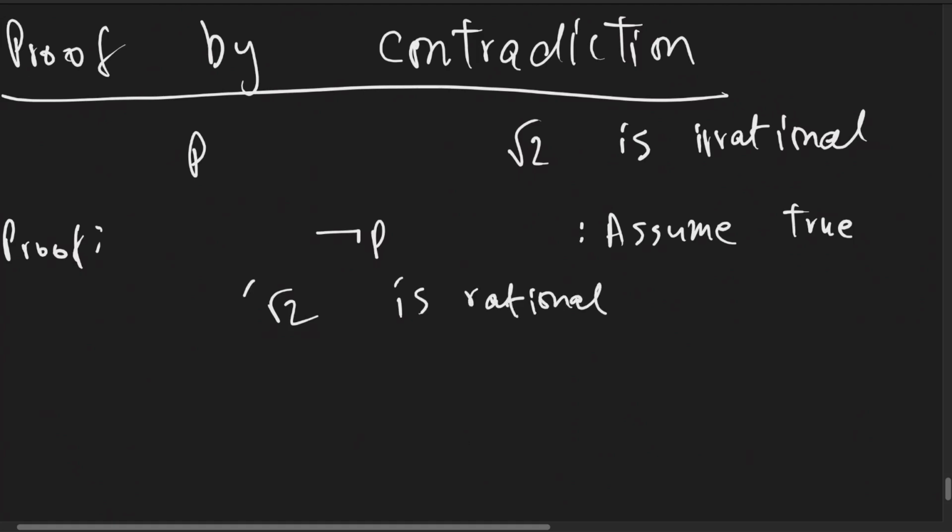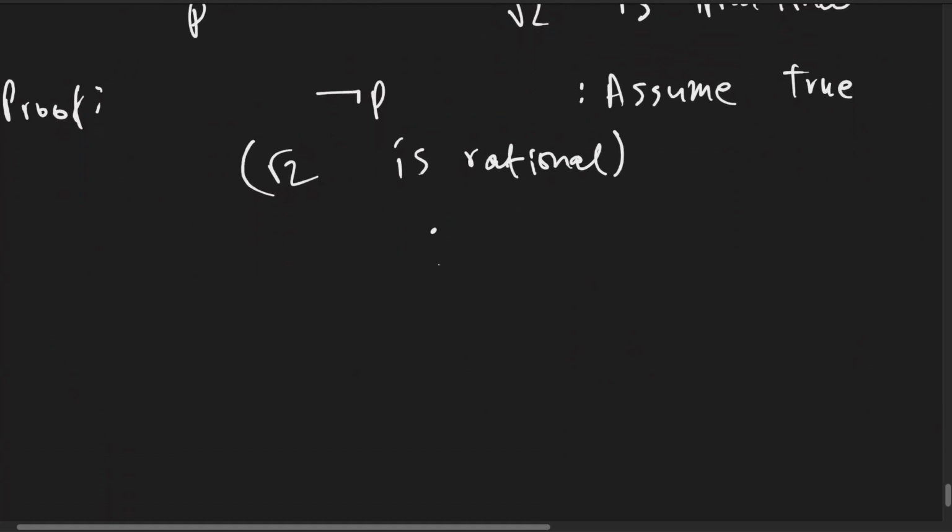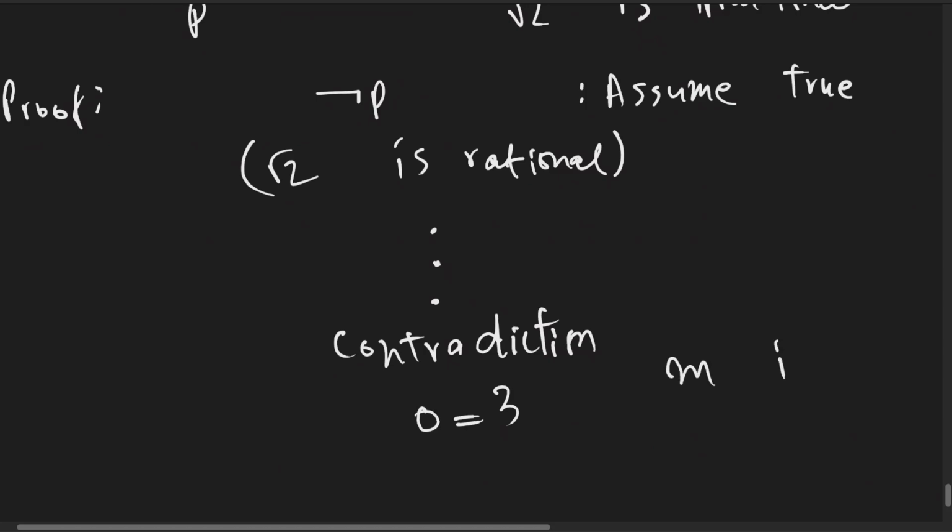And using this assumption, you'll deduce a contradiction. A contradiction is just anything absurd. For example, you might deduce that 0 is equal to 3, or that M is both even and odd.